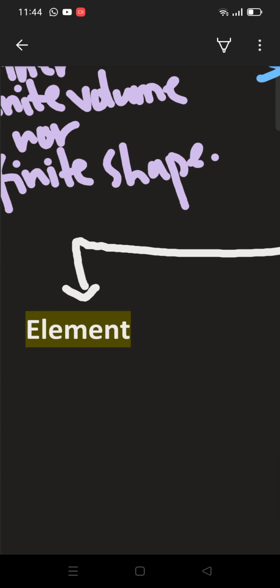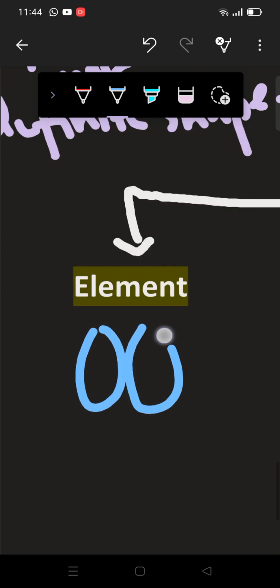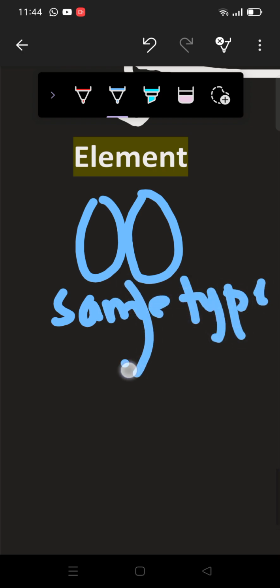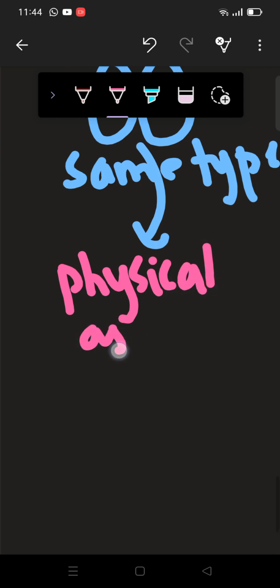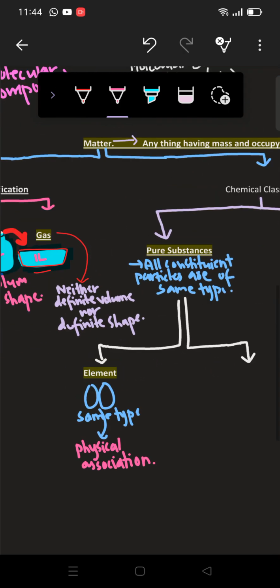Those atoms are physically associated, as I have already taught you. So here we will have atoms of the same type, but we won't have chemical association, we will have physical association.